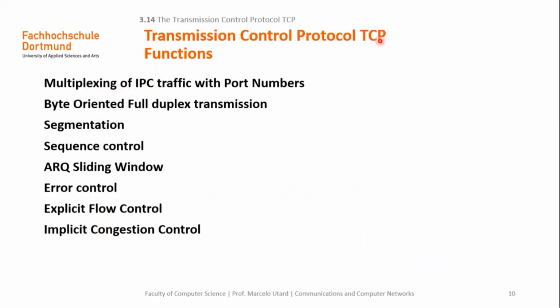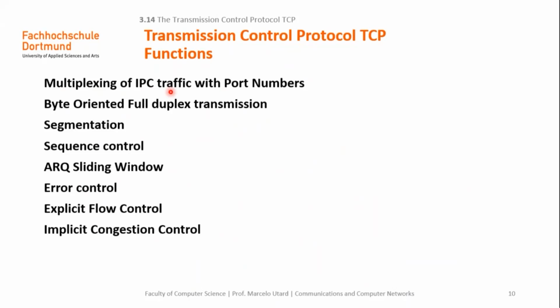It's a very complex protocol. TCP implements the multiplexing of inter-process communication traffic using port numbers, similarly to the multiplexing performed by the UDP protocol. It is a byte-oriented full duplex transmission.